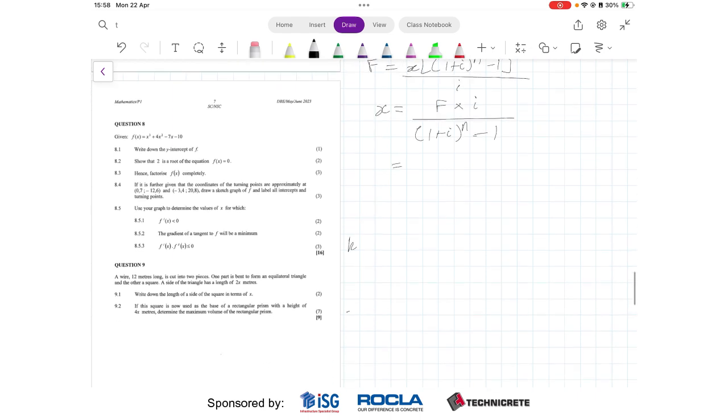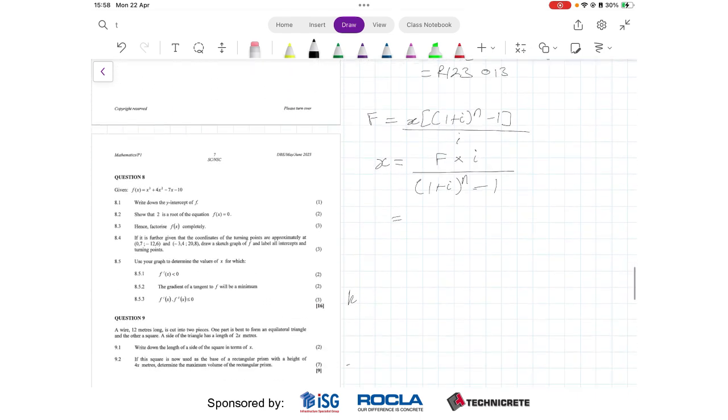Our future value, or our fund at this point, is 123,013 multiplied by our interest rate, 7.85%, so that will be 7.85 divided by 100 all over 1 plus 7.85 over 100 to the power.